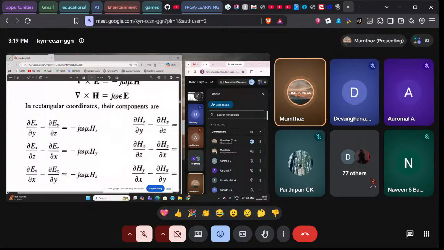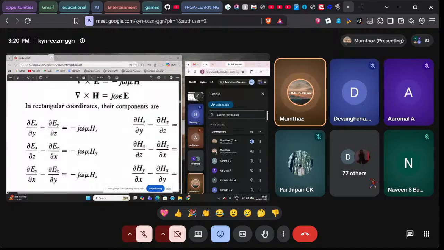How? If you consider two components, for example Ez and Ey, you have to write it this way: the partial derivative del by del y of Ez minus del by del z of Ey. Similarly, you can write the x and z combination.